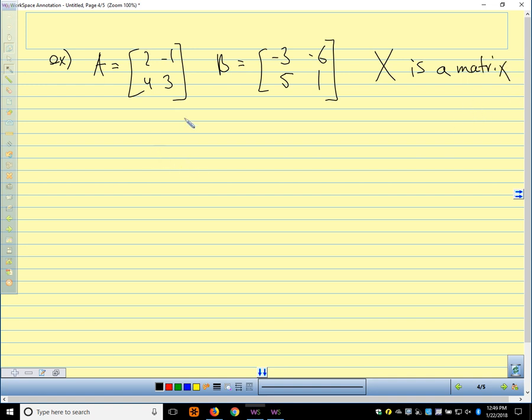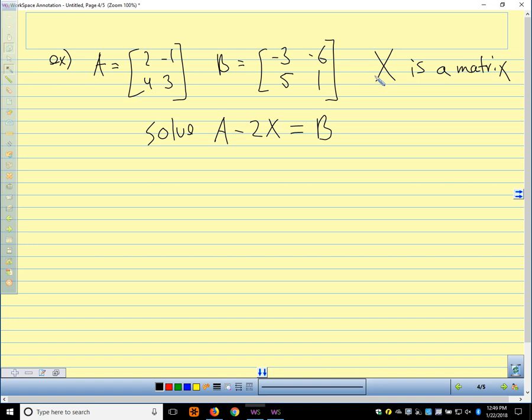We want to solve A minus 2X equals B. So we have a nice matrix equation, and X is our unknown matrix.